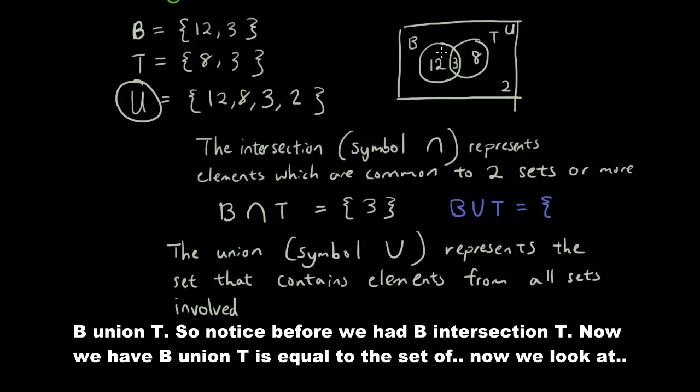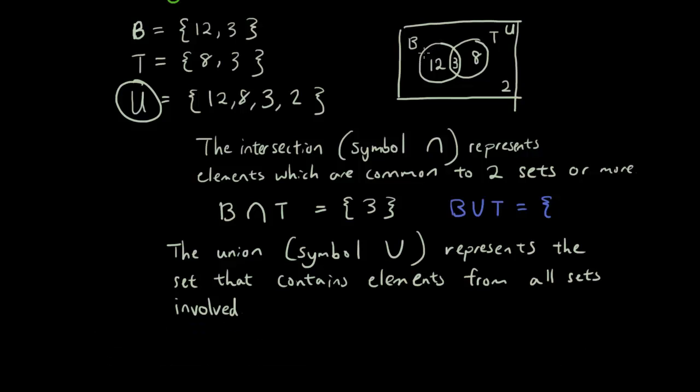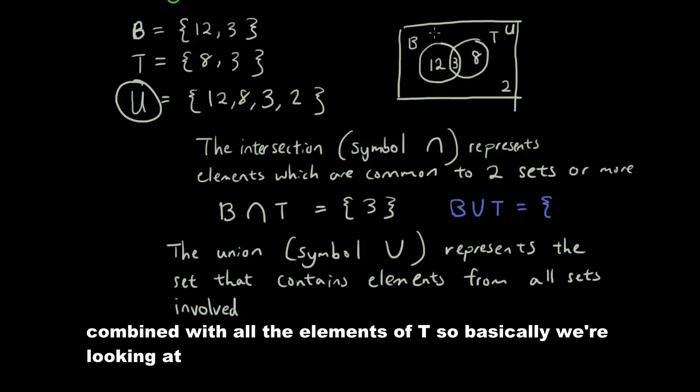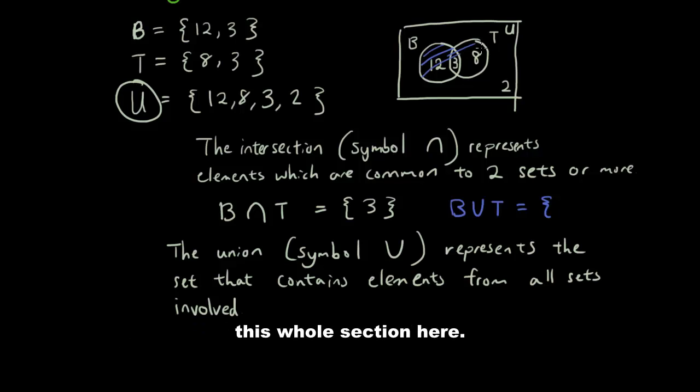Now we look at all the elements of B combined with all the elements of T. So basically we're looking at this whole section here. So we have 12, 3, and 8. Right, so that's B union T.